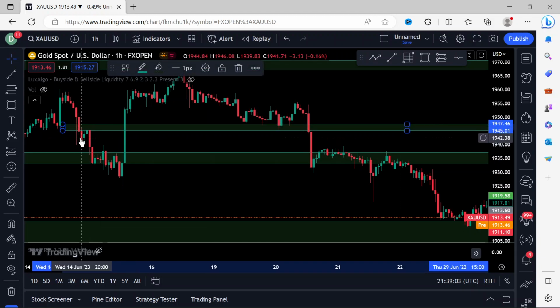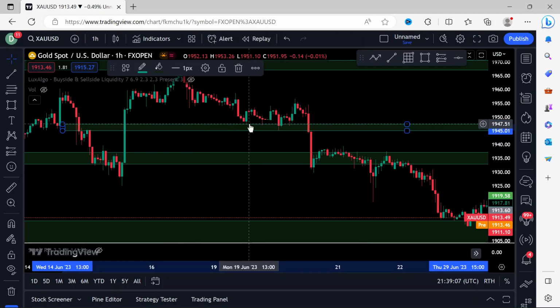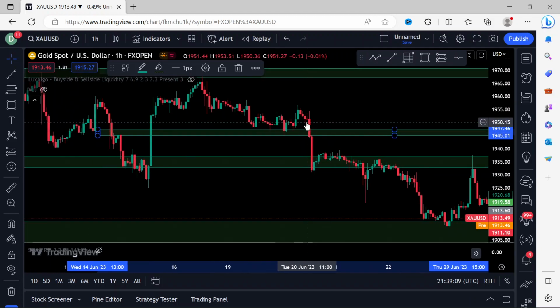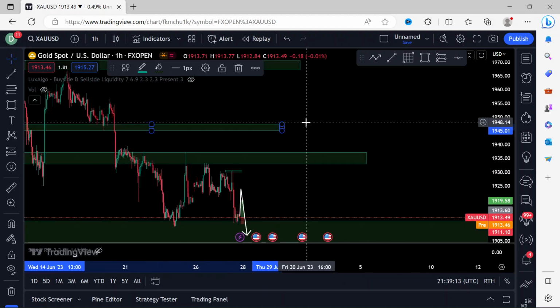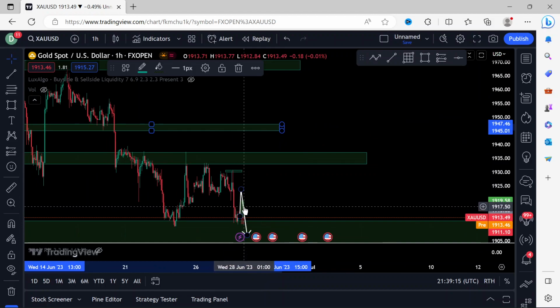As you can see, price tested here as a resistance, came here and tested as a support. So this is also a significance. So mostly support and resistance are where significant price actions occur, either for a breakout or for a bounce or a retest.